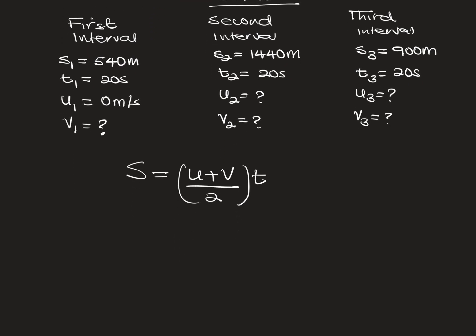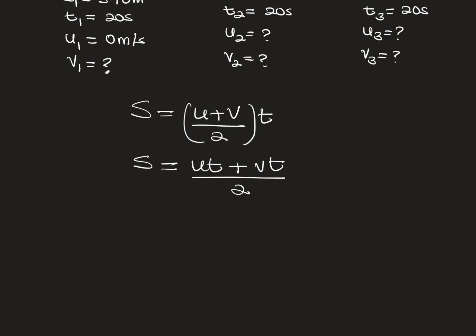Now, since I want to find V, I can expand this to have S is equal to U times T, which is UT, plus V times T, which is VT, divided by 2. Now, if I cross multiply, I will have 2S is equal to UT plus VT.